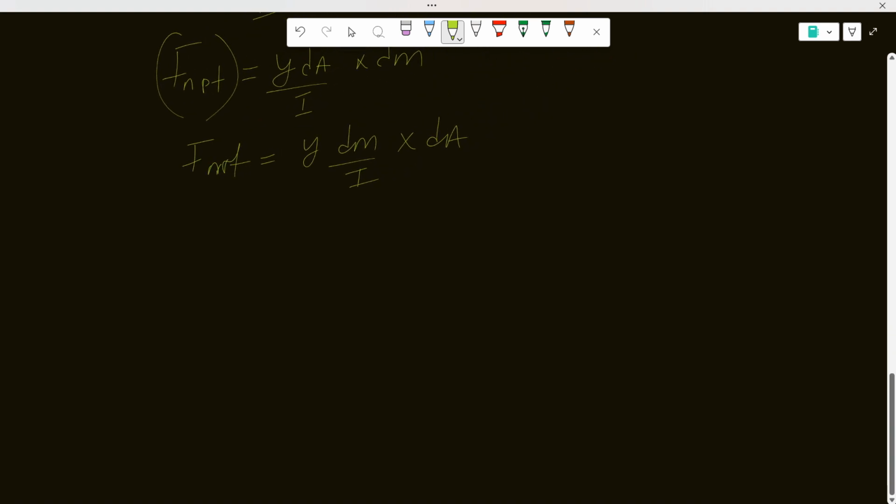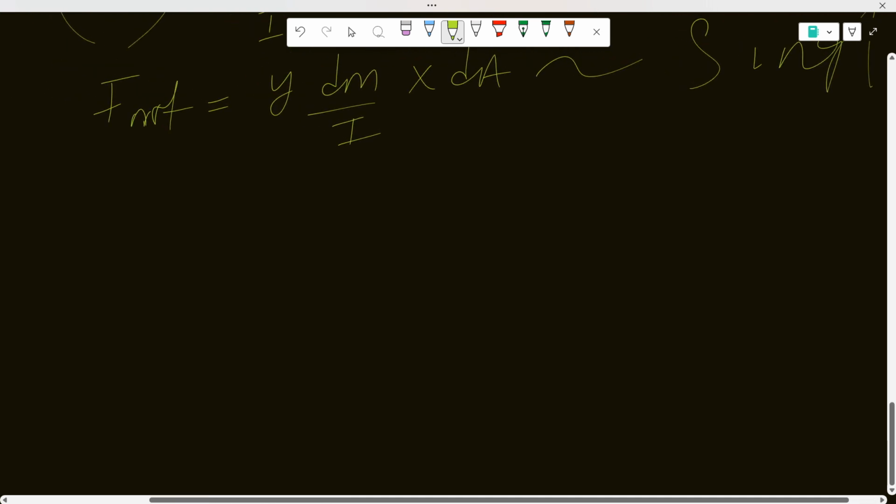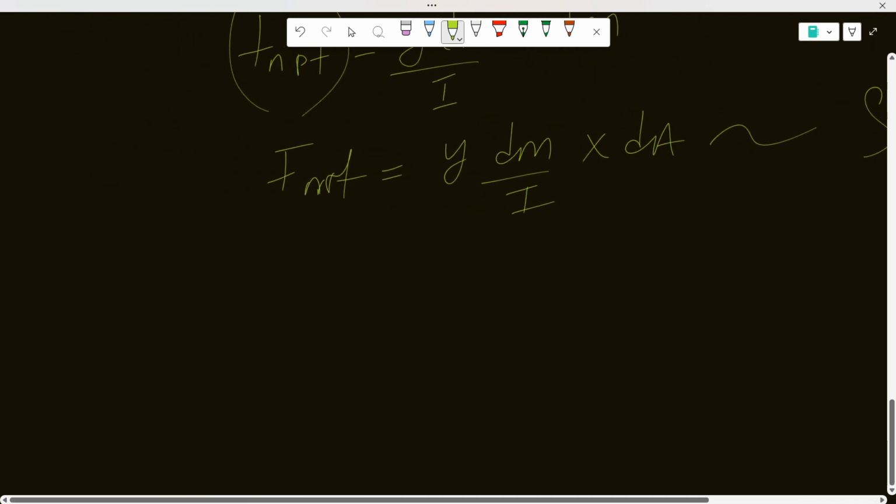So this is just for a single one. To get the total area of the enclosed stuff, you have to integrate.